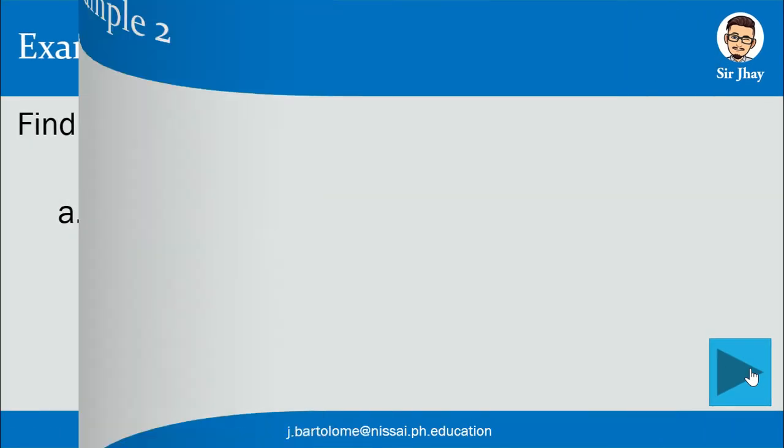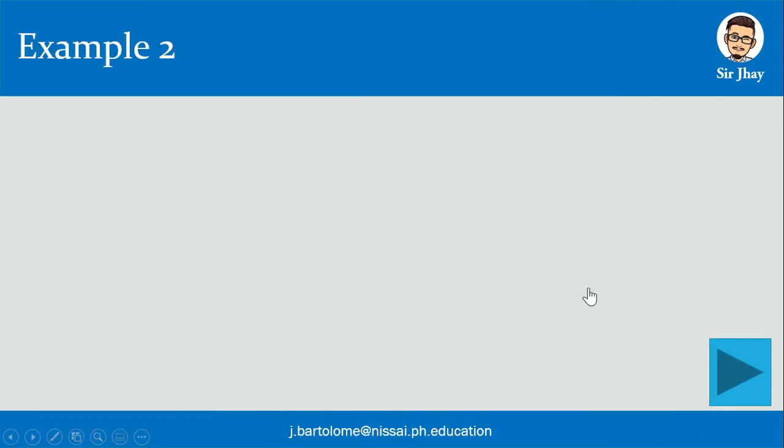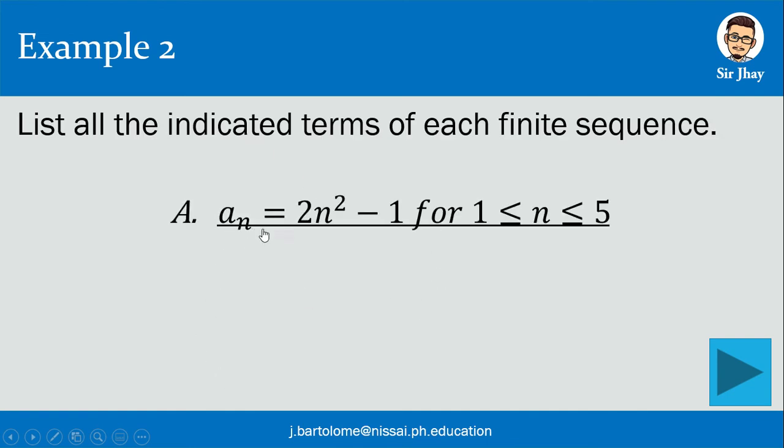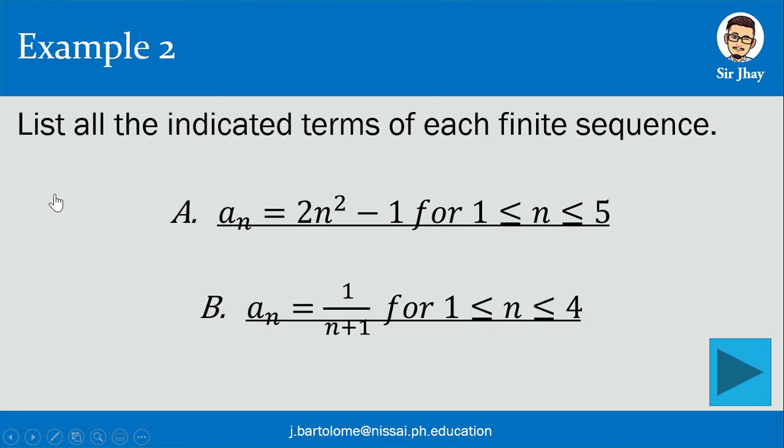Now, let's have the third example. List all the indicated terms of each finite sequence. We have a sub n equals 2n squared minus 1, for values of n greater than or equal to 1 but less than or equal to 5, and a sub n equals 1 over n plus 1, for values of n greater than or equal to 1 but less than or equal to 4.